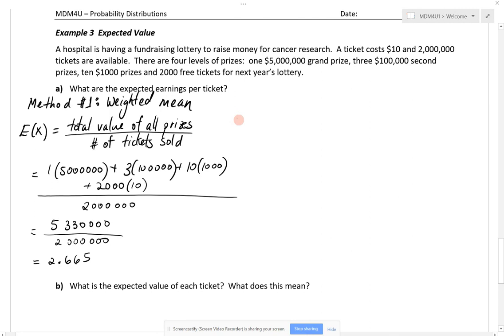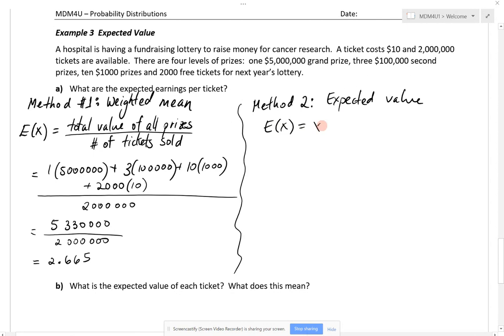Another way of looking at it is method number 2, using expected value. So E of x is equal to the outcomes times the probability of each outcome. So you have one outcome of 5 million.